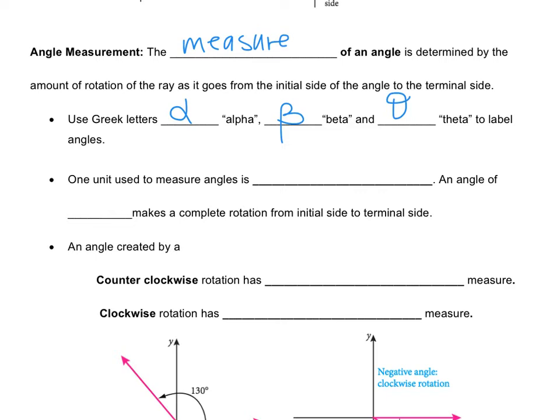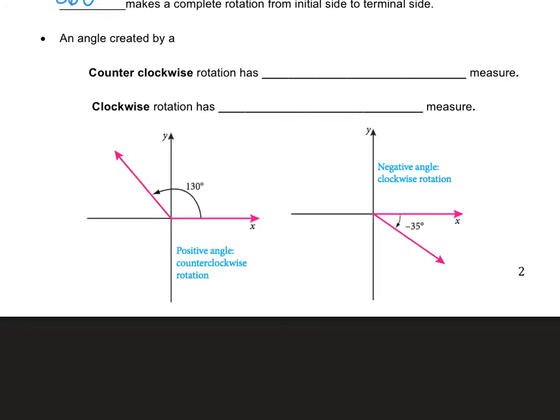One of the units that we use to measure angles is degrees, and an angle of measure 360 degrees makes a complete rotation from its initial side to its terminal side. An angle created by a counterclockwise rotation has positive measure greater than 0, and a clockwise rotation has a negative measure, as seen in the pictures.